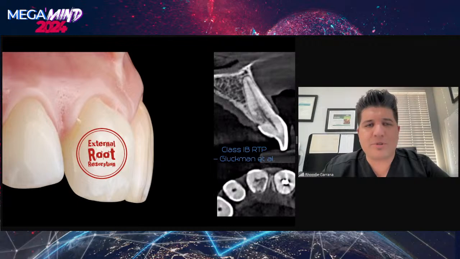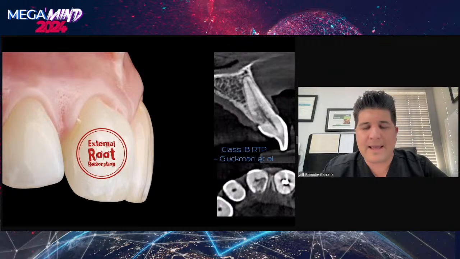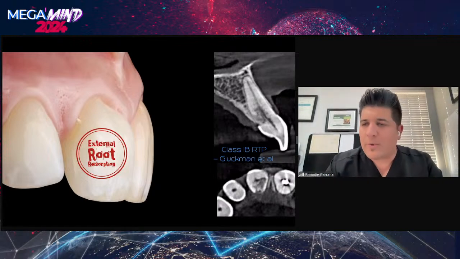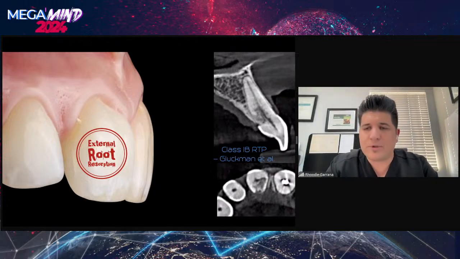When she came, she was devastated. She has a relatively virgin dentition. She's got a few restorations here and there, but she was devastated at the fact that she had external cervical resorption on this tooth, and we had to come up with a game plan with regards to what we could offer her in terms of management.